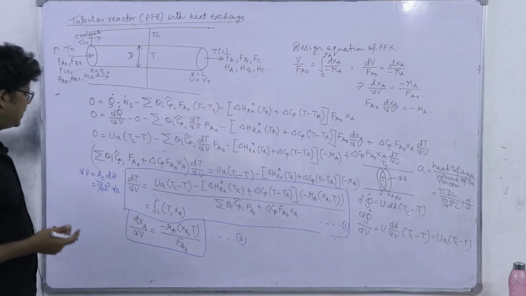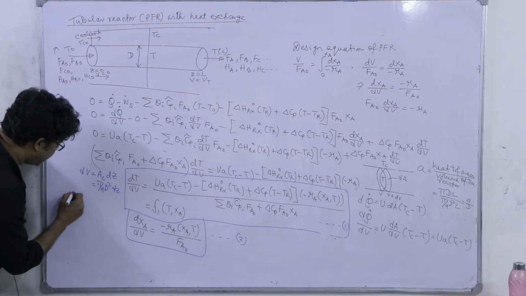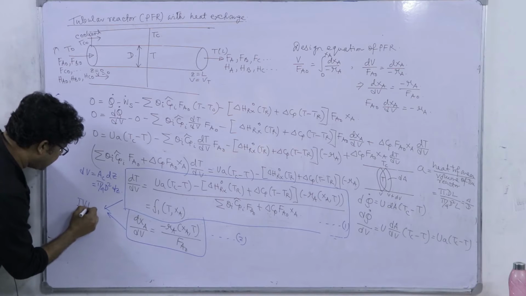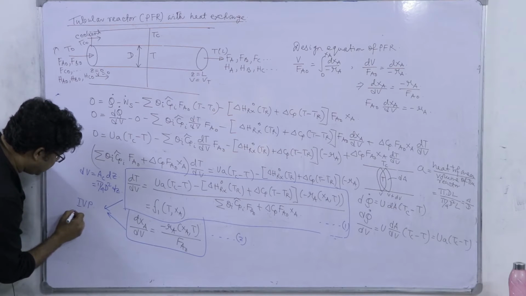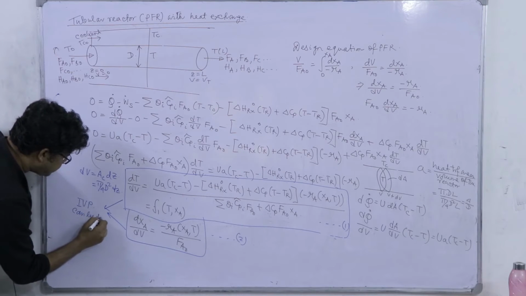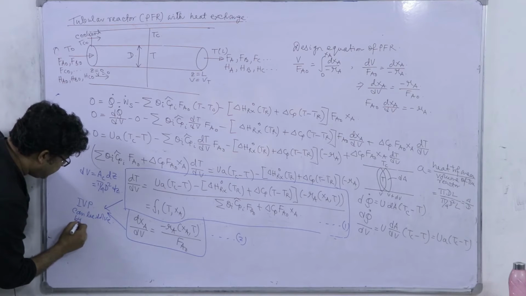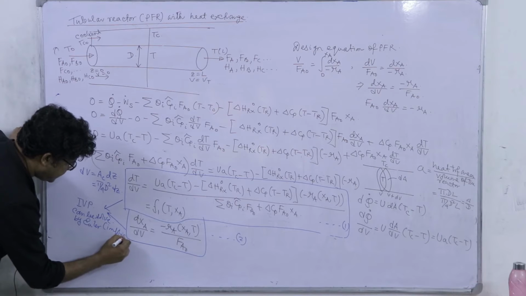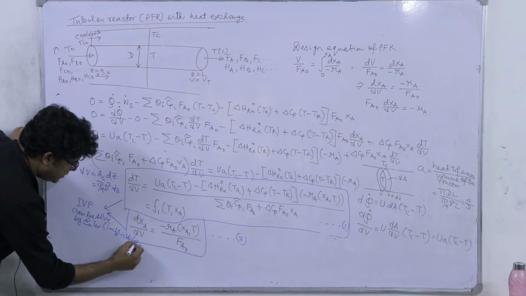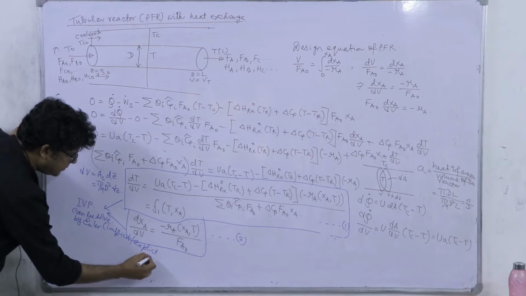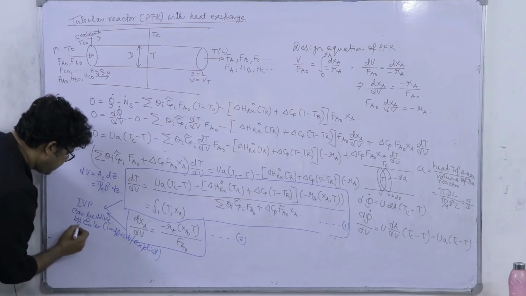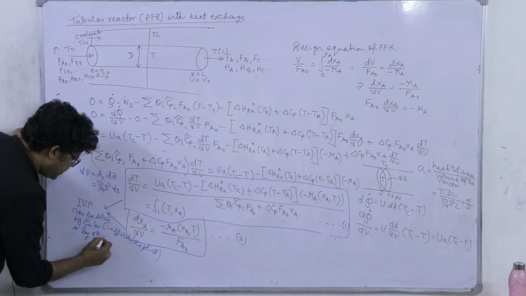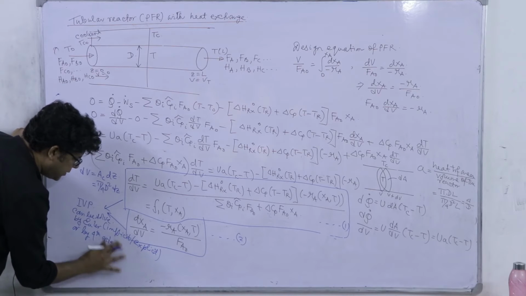So from these two equations we can solve. This is a typical initial value problem, which can be solved by Euler implicit or explicit Euler, or by fourth order RK method.